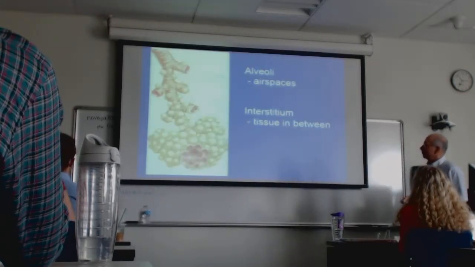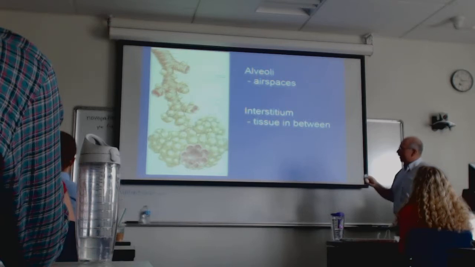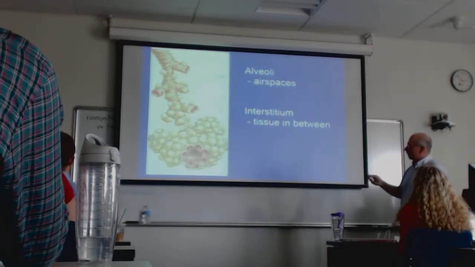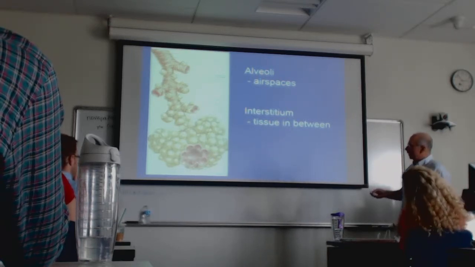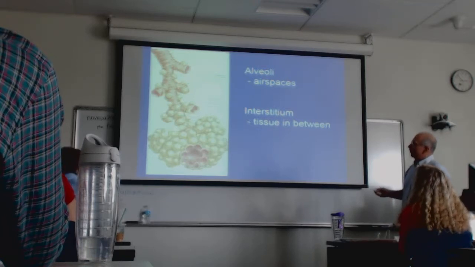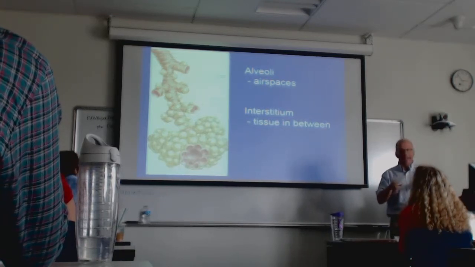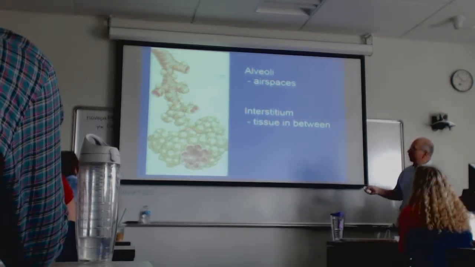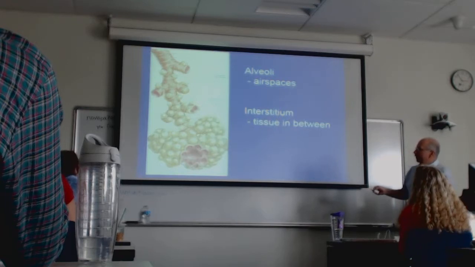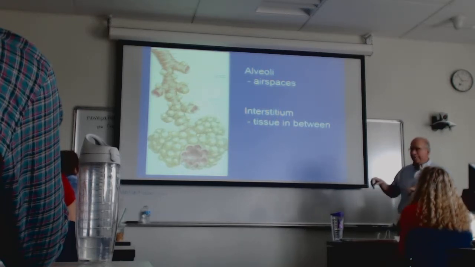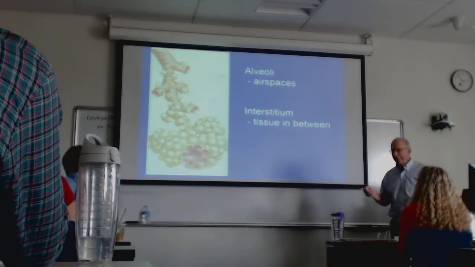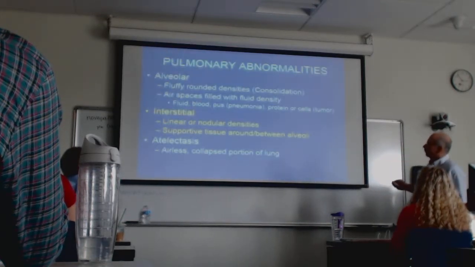So here's that picture again that I want you to burn into your mind about these tiny little alveoli. What you're not seeing here is the interstitium, the support structure holding those alveoli together. So all of the lymphatics and all of the other blood vessels sitting around here make up the interstitial tissues of the lung.